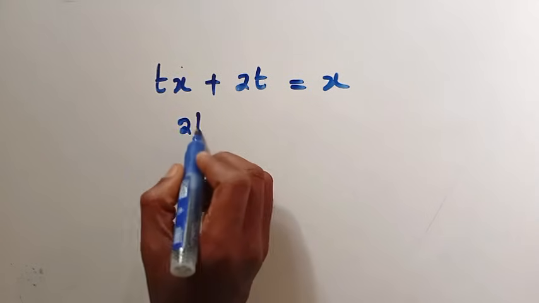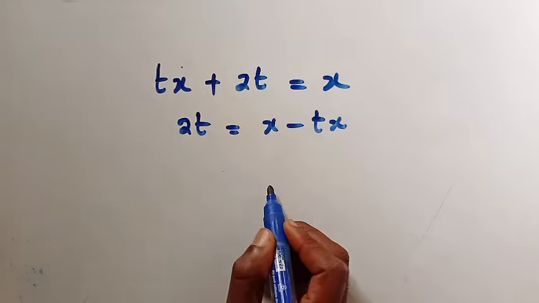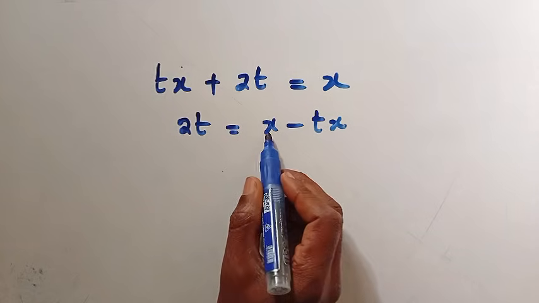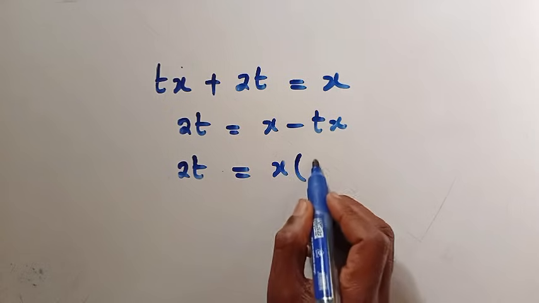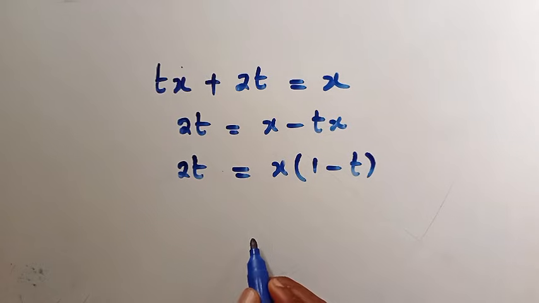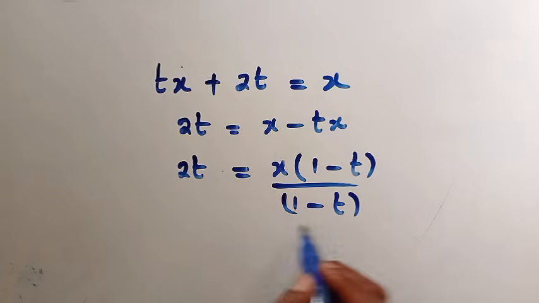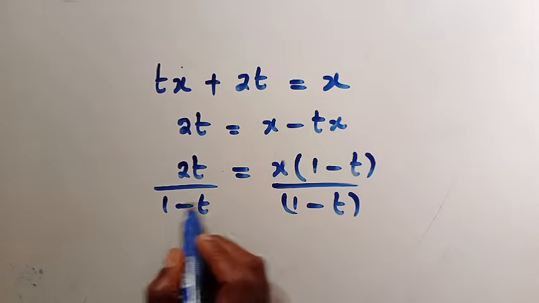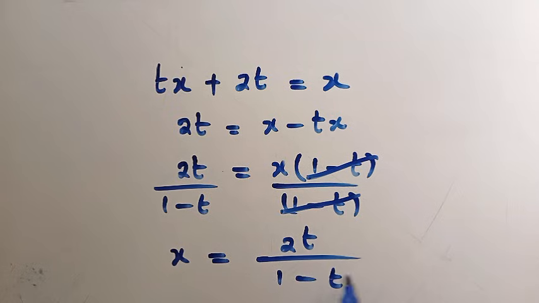We have 2t equals x minus tx. Factoring out x, we have 2t equals x into bracket of 1 minus t. Dividing both sides by 1 minus t, we have x equals 2t divided by 1 minus t. So this is another step.